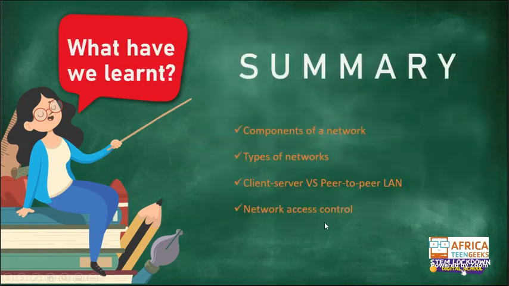Perfect. Right, so today you should be able to identify the components of a network, number 1, number 2, types of networks, and be able to distinguish between client server and peer-to-peer. And lastly, you should be able to understand how network access control works.